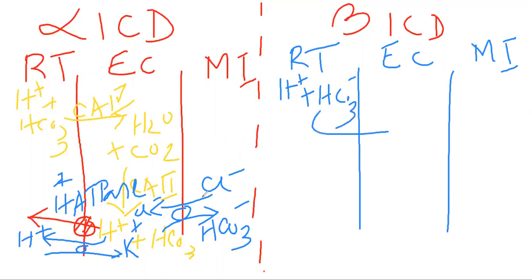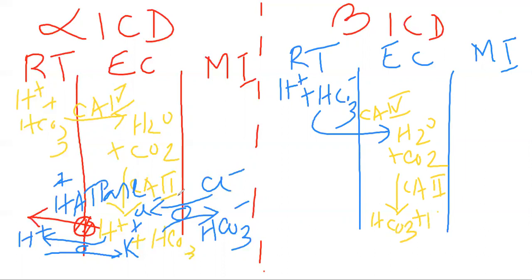They react immediately via carbonic anhydrase type 4 and produce H2O and CO2. Again they react with each other via the carbonic anhydrase type 2 enzyme and produce bicarbonate and hydrogen ion.